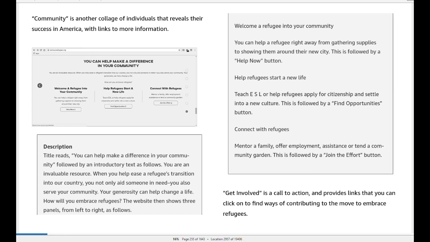This is followed by a Find Opportunities button. Connect with refugees, mentor a family, offer employment, assistance, or tend a community garden. This is followed by a Join the Effort button. Get Involved is a call to action and provides links that you can click on to find ways of contributing to the move to embrace refugees.